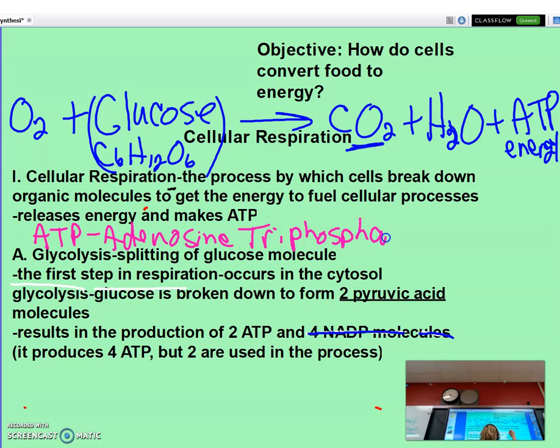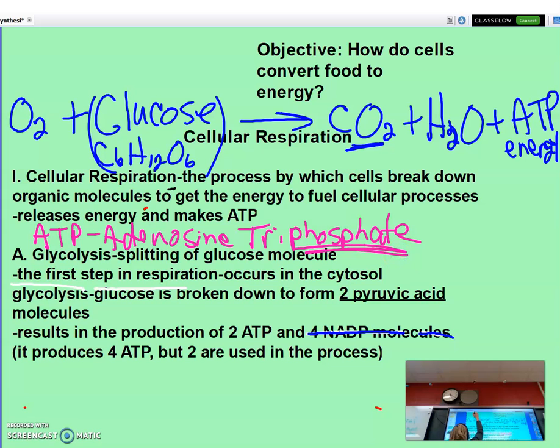Triphosphate. So what does tri mean? Maybe some of you learned to ride a tricycle when you were young. Tri means, on a tricycle, 3 wheels. On ATP, it means triphosphate. It literally means 3 phosphates.